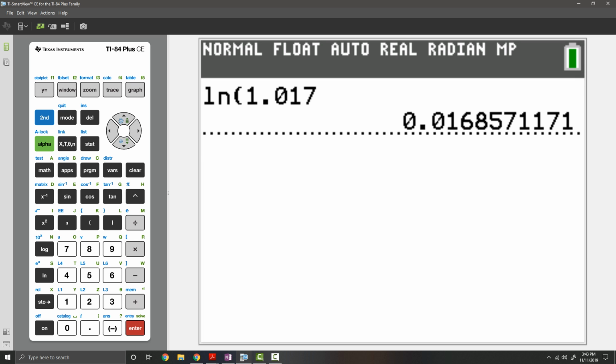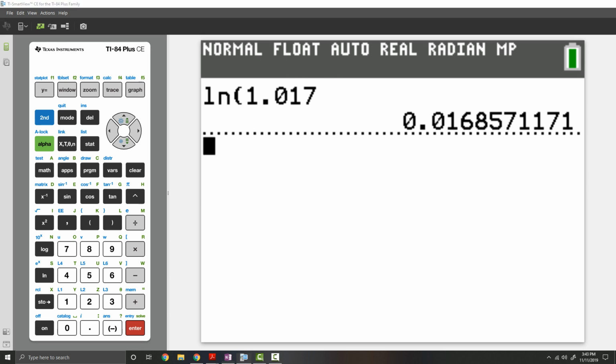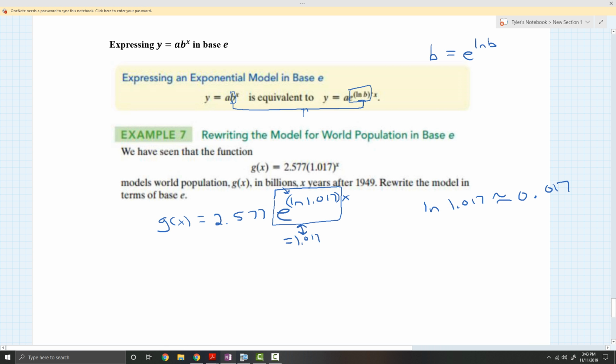So it's nice to see it in the calculator, so that way you don't think that. So then we could rewrite this as g of x equals 2.577 times e to the 0.017 times x, right?